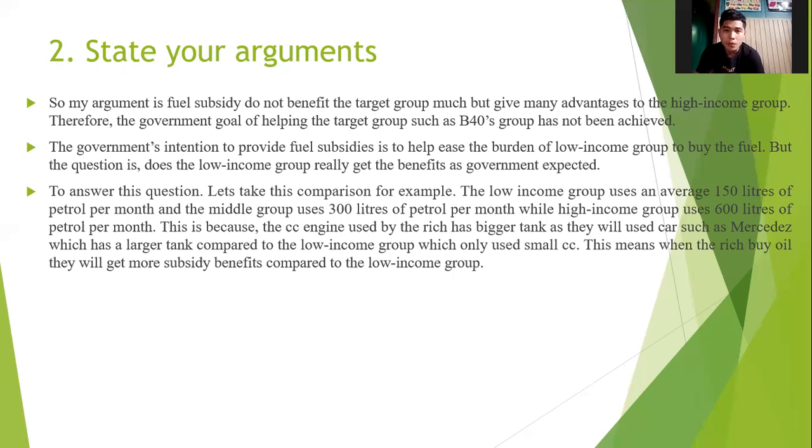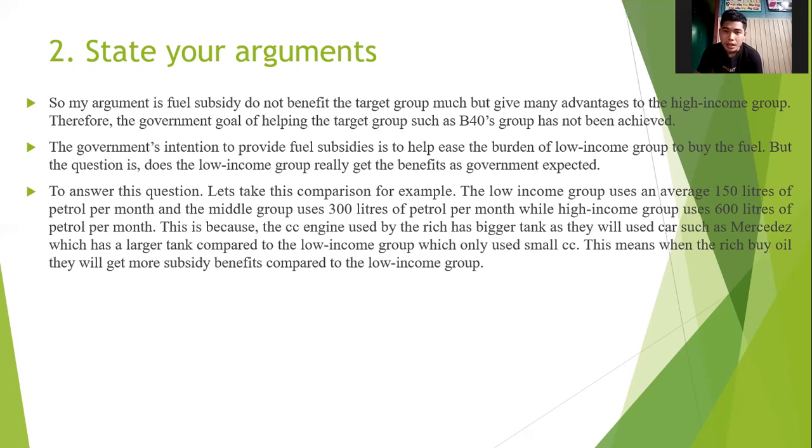To answer this question, let's take this comparison for example. The low income group uses an average of 150 liters of petrol per month, and the middle group uses 300 liters of petrol per month, while the high income group uses 600 liters of petrol per month.